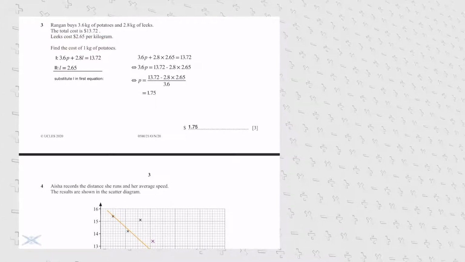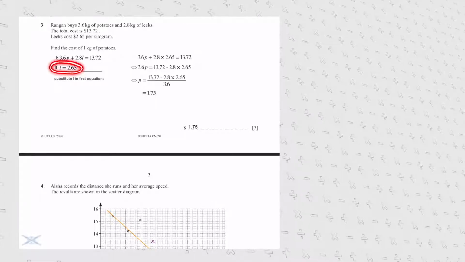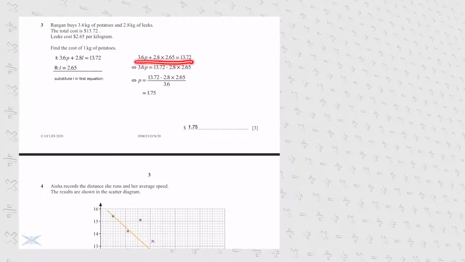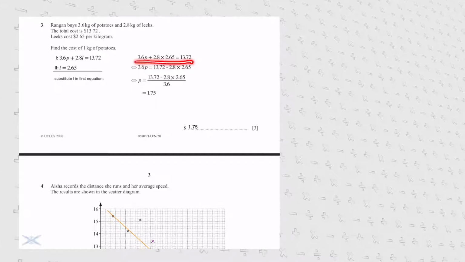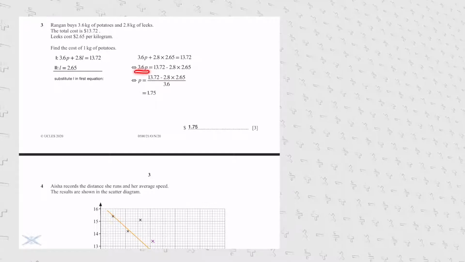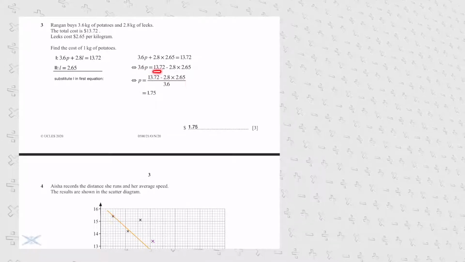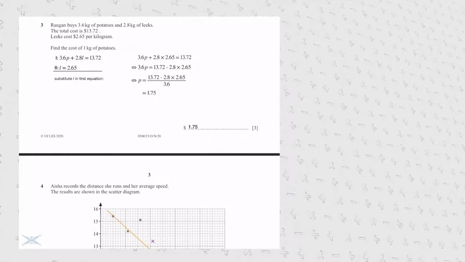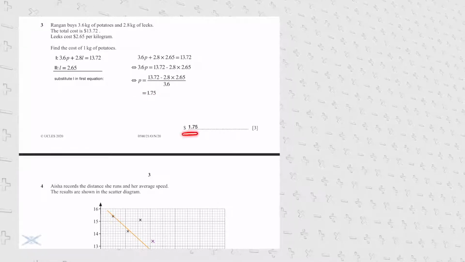In order to solve this system of equations, we substitute our expression from the second equation for L in the first equation, after which we receive the expression 3.6p plus 2.8 multiplied by 2.65, which still equals 13.72. In the next step, we isolate 3.6p from the rest of the equation. In order to receive p, we then just divide this entire expression by 3.6, and after entering all of those numbers into your pocket calculator, you will arrive at the solution that 1 kilogram of potatoes costs $1.75.